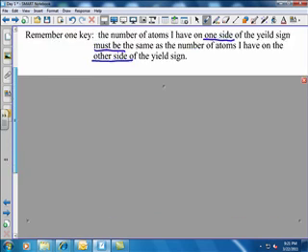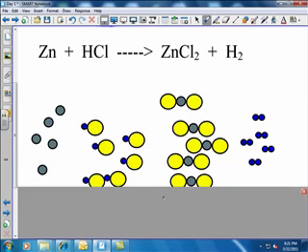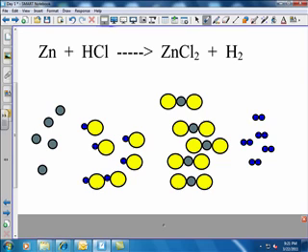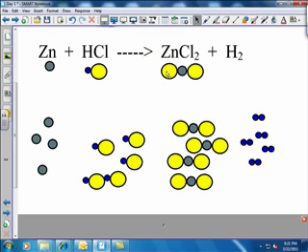So, going back to this reaction. As I start here, here's my one atom of zinc. Here is my HCl. Here is my zinc chloride, and here's my H2. So now, as I look at this, I don't have the same number of atoms on each side. Sure, my zinc is okay because I have one of those on each side.